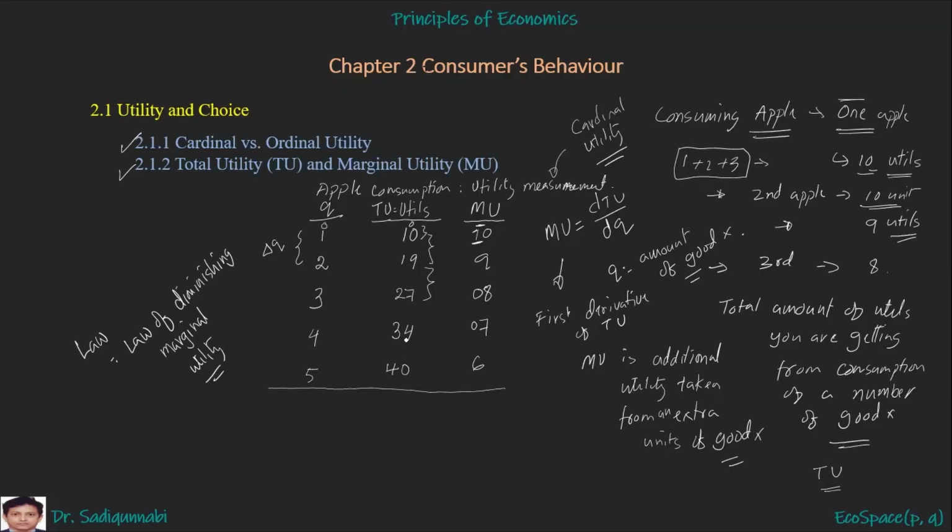For one more unit of good X, the additional utility decreases. So this is actually the rate, and the rate is diminishing or declining. It will be clear when we talk about the graphical illustration. Okay, so now we understand what total utility is and what marginal utility is.